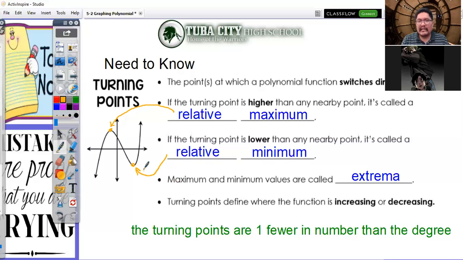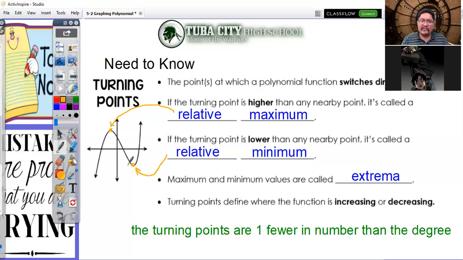All right, maximum and minimum values are called the extrema. And this is what we used to call in quadratics the vertex. So here I have 2 extrema actually. I have a high extrema and a low extrema, but we just call them extrema, and that is the value of those points.